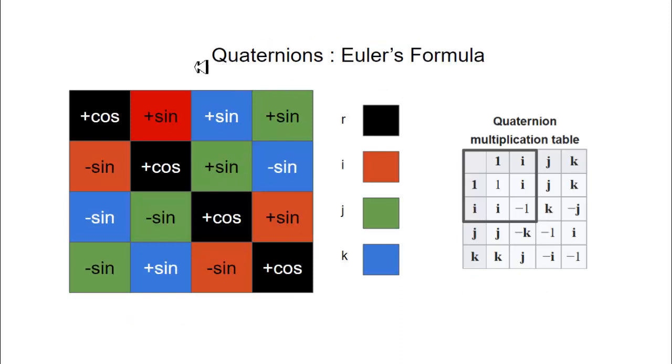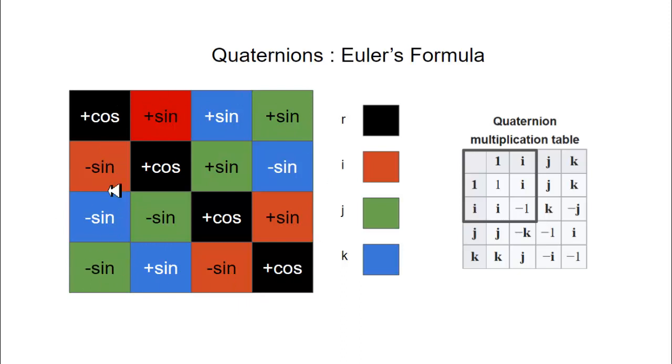Here is what the quaternions look like in polar coordinates. So this would be Euler's formula in the 4x4 matrix version of quaternions. As you can see, the cosine, the black region, occupies the forward diagonal of the 4x4 matrix, and it has the same sign. And everywhere else is sine.